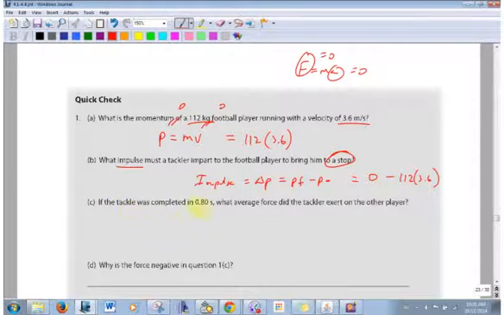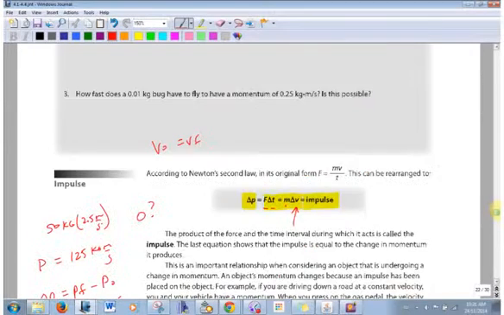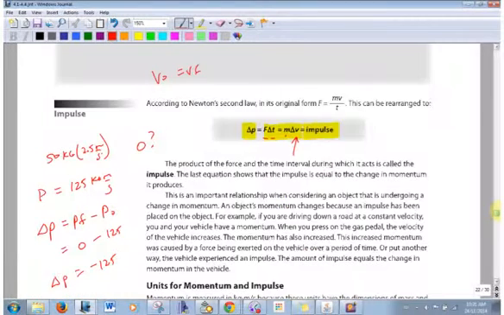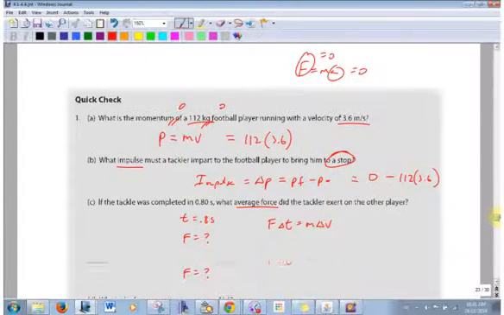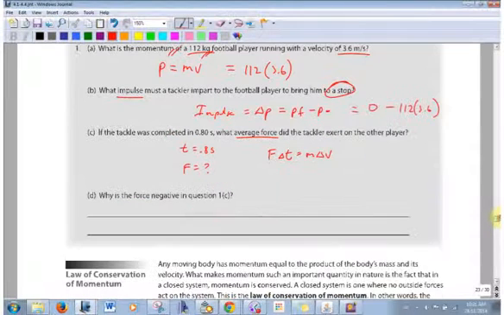If the tackle was completed in 0.8 seconds, what average force, well, let's just use that, did the tackler exert on the other player? Well, let's look at our formula. F delta T is M delta V. What is M delta V?